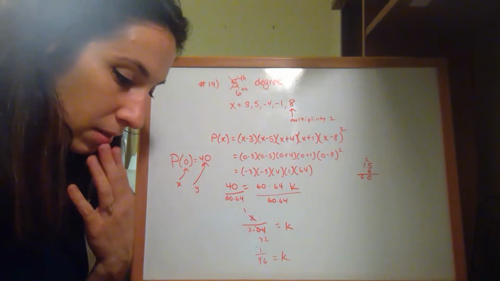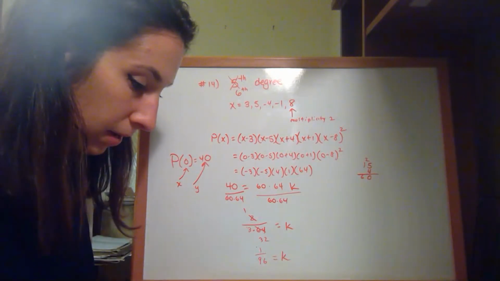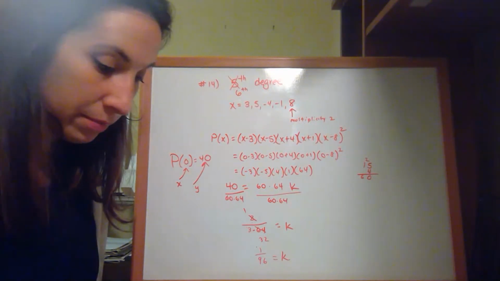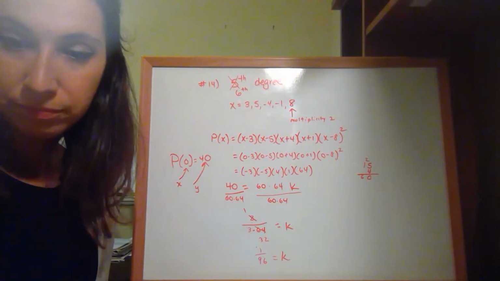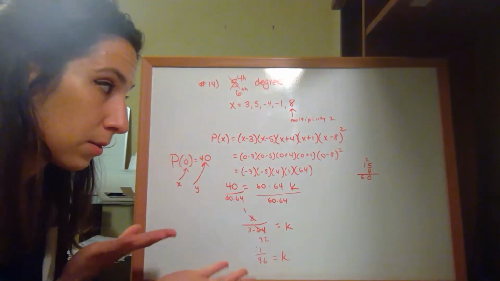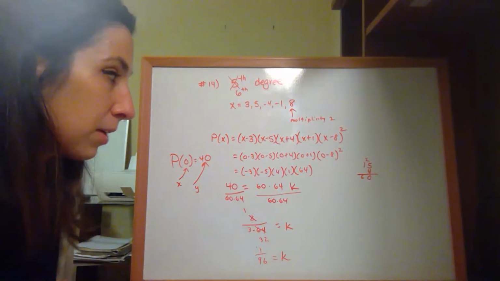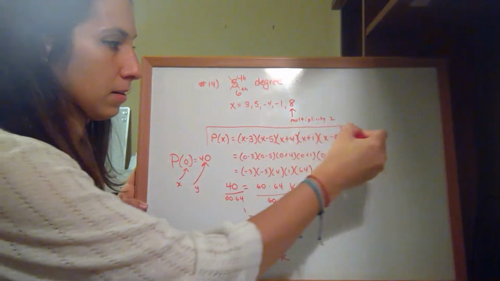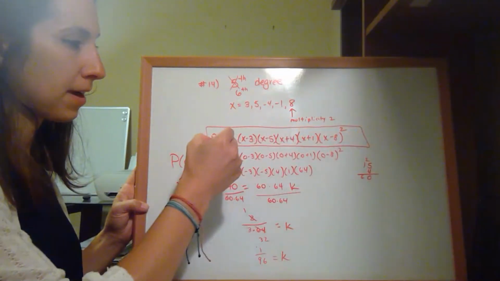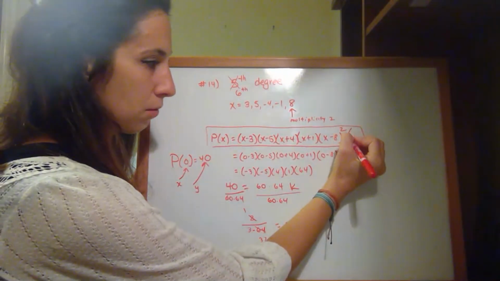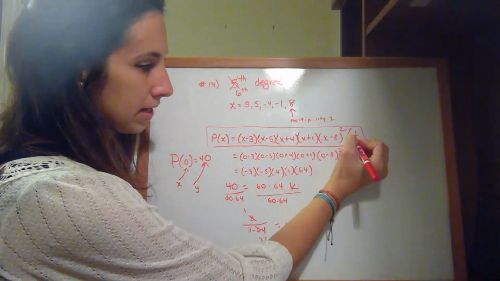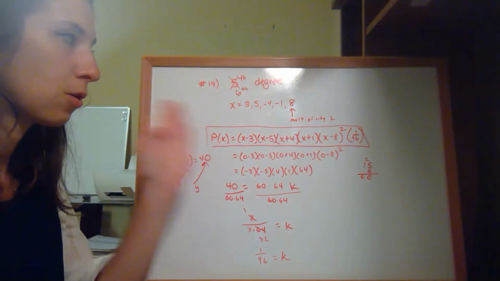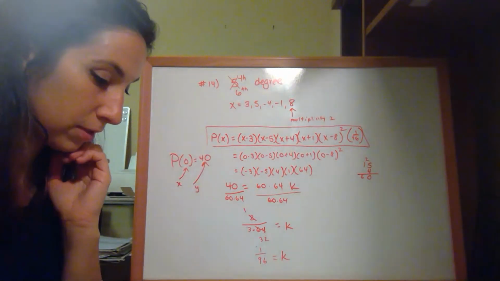Yeah, it's 1 over 96. Okay, so that whole problem was just messed up. So there's the correct k, and putting this together, we need to bring that k into here. So this is our final answer, except let's throw in that 1 over 96. Okay, so this is the correct solution for problem 14.